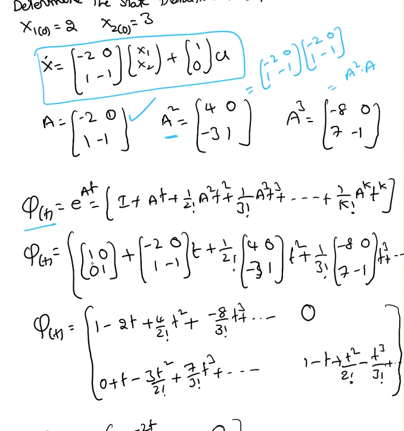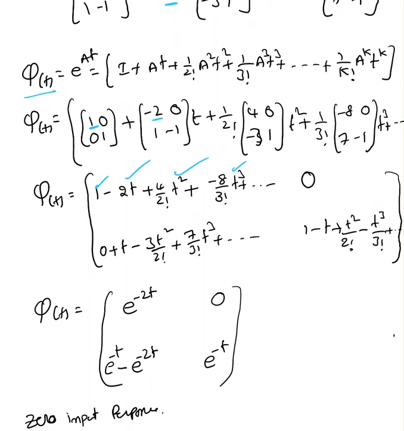The first term is 1 minus 2t plus 4 over 2 factorial t square minus 8 over 3 factorial t cube plus etc. The second term, everywhere you see 0, is 0. The third term is 0 plus 1 t minus 3 over 2 factorial t square plus 7 over 3 factorial t cube etc. And the fourth term is 1 minus t plus t square over 2 factorial minus t cube over 3 factorial etc.